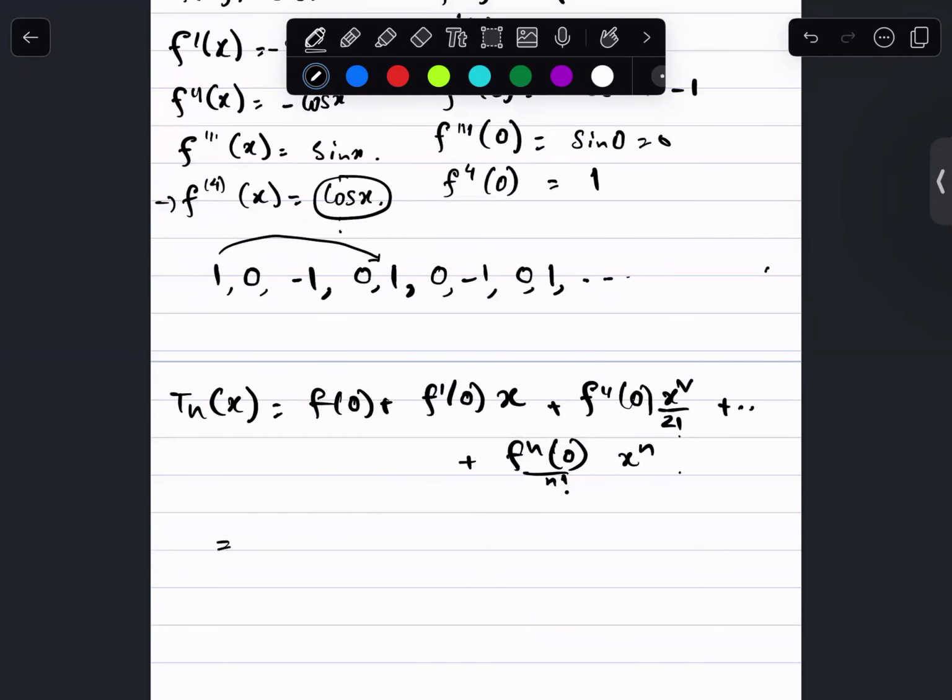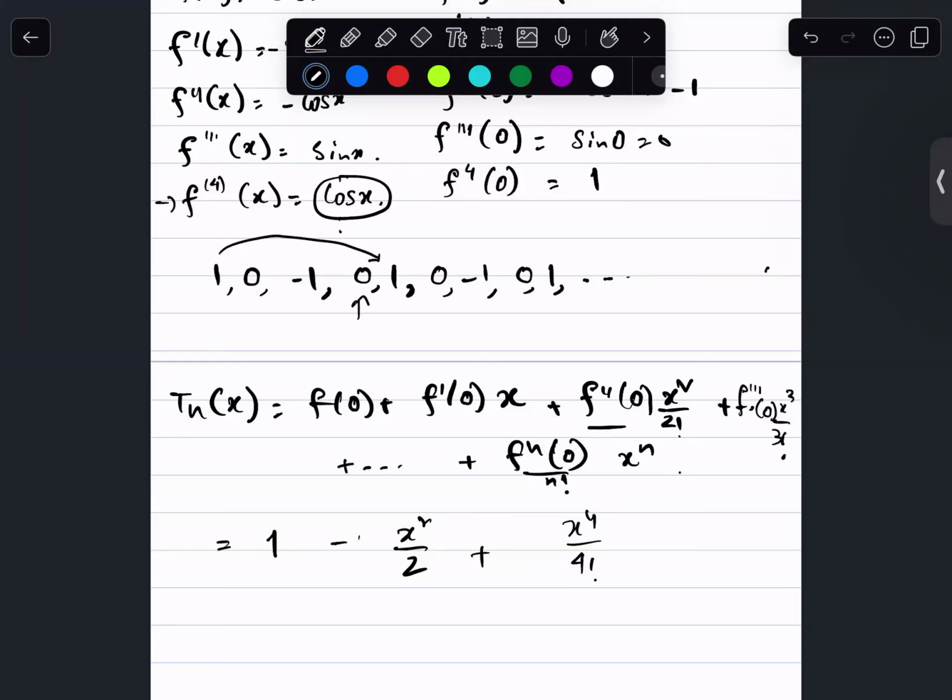So my polynomial will look like 1. This term, the whole term, will vanish because f prime(0) is 0. Okay. So I'll get directly this term. So x squared over 2 is there, and the coefficient is -1, so minus. Then again, plus x to the 4 over 4 factorial, because here I have f third derivative(0) x to the 3 over 3 factorial, right?